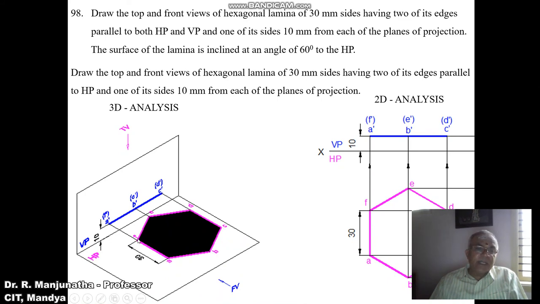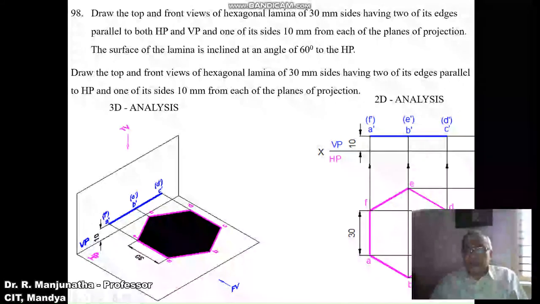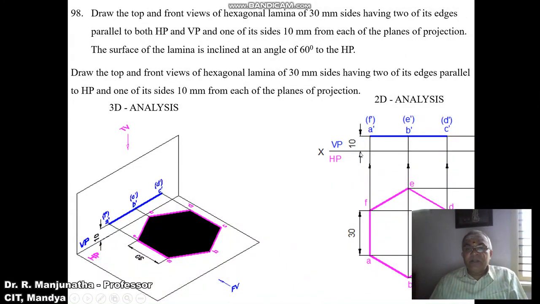CD and AF are perpendicular to VP, and DE and EF are inclined to VP, and all these are parallel to HP. Now here we can see that two of the sides are perpendicular to VP, and we have drawn the hexagon 10 mm above HP. So that is the consideration we have made.